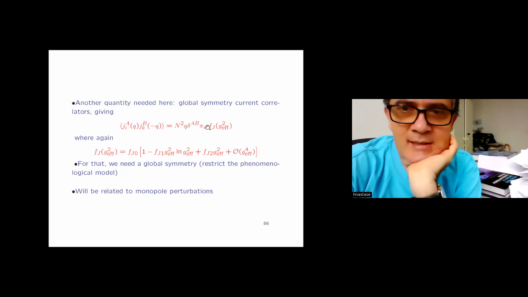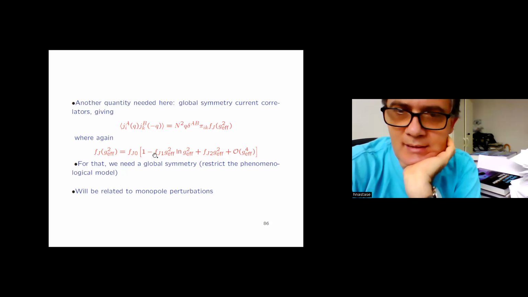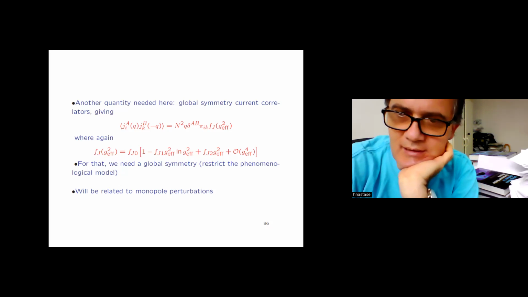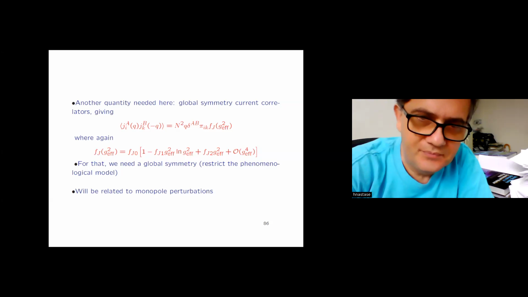And again, as before, the function of the dimensionless coupling has to be of the type constant times 1, and then g squared effective and g squared effective log g squared effective terms, and higher order terms come at 3 loops and higher.